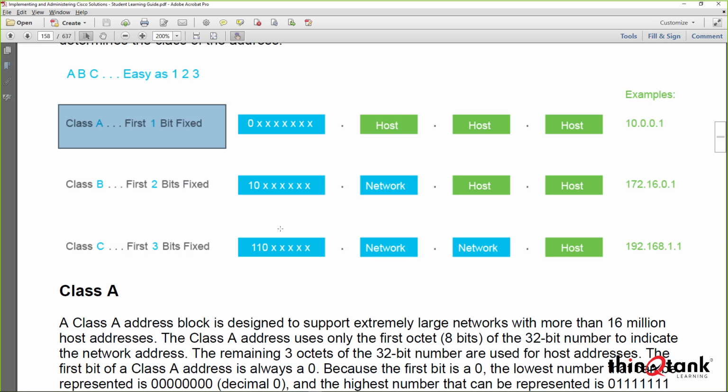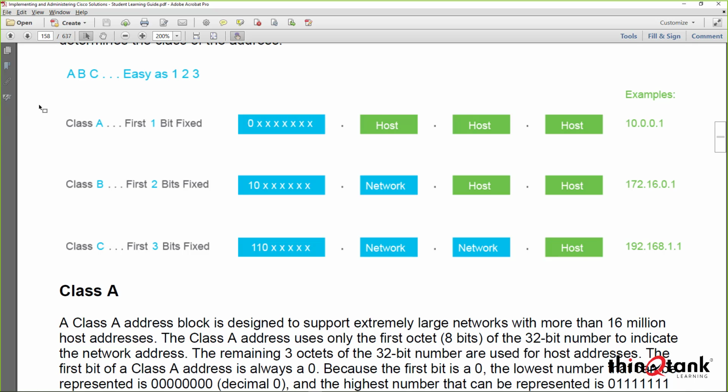So we still talk about the classes as if they somehow exist today. They don't really exist, but we still need to know where we're coming from, right? We need to know how the subnet mask was originally defined. But the reality is classes don't really matter anymore, okay? IPv6 was never classful.